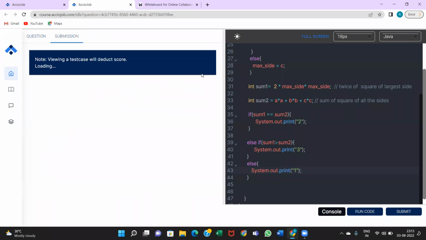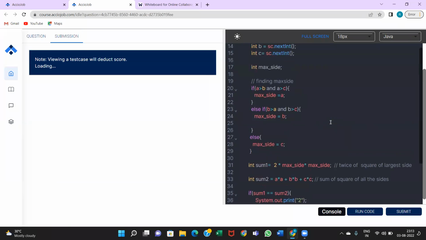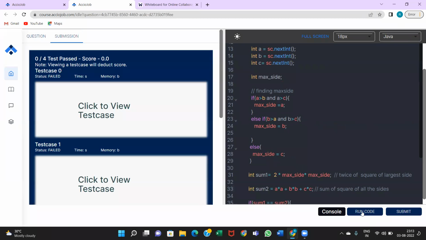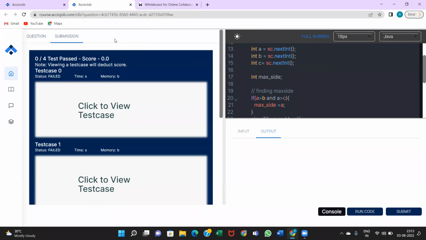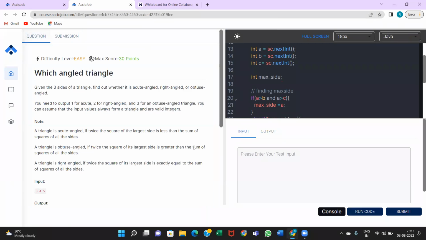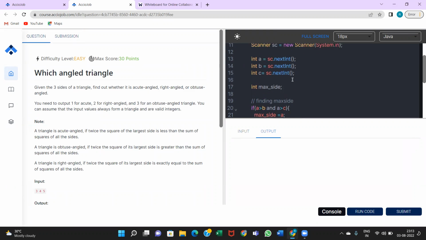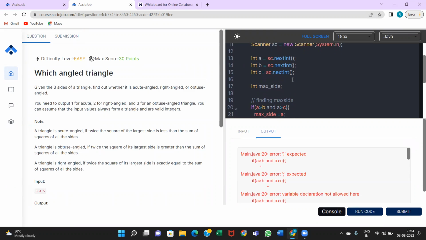Let's try submitting the code. I guess it should work. It is not working. Let me check what the problem is. Okay, sorry guys, my bad.